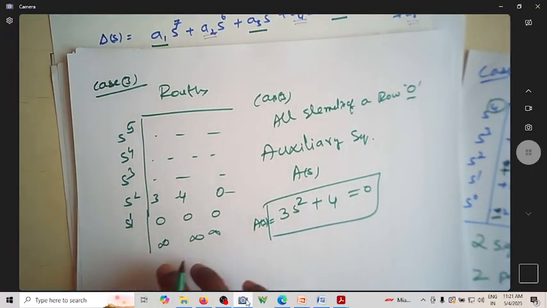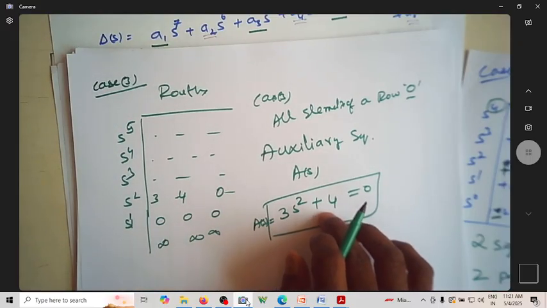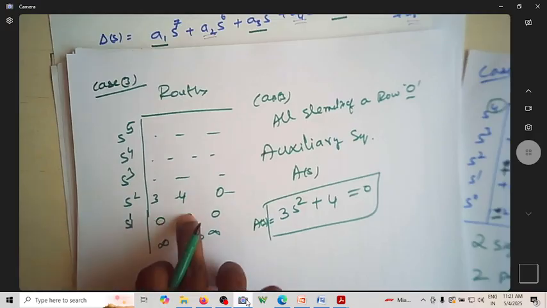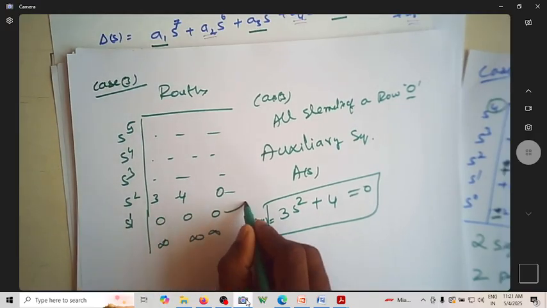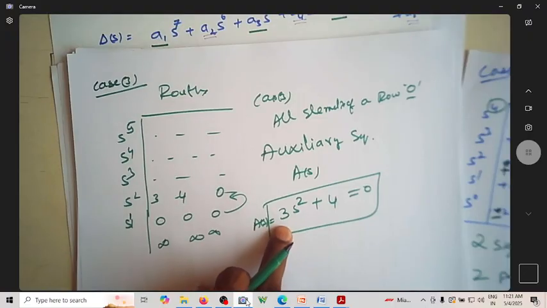An auxiliary equation is considered when forming a Routh's array. If a complete row becomes 0 0 0, then you take the row above that zero row and write the auxiliary equation.